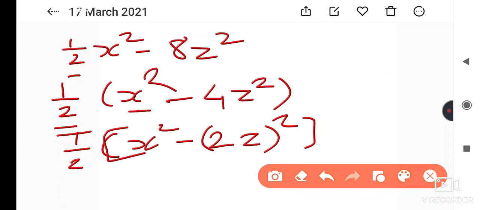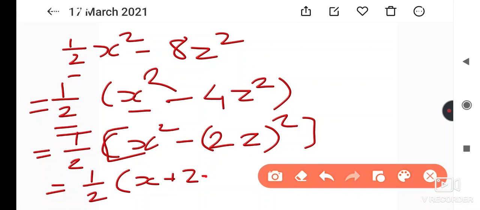Okay, now we got square terms. So next, 1 upon 2, and here we got the factorization of a square minus b square, which is once addition and once subtraction: x plus 2z and another bracket x minus 2z. In this way we have to solve the ninth example from the exercise.